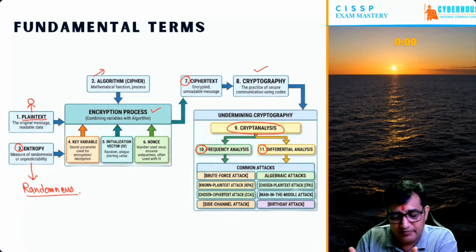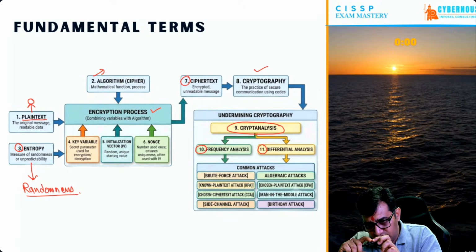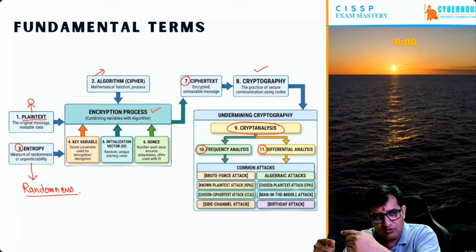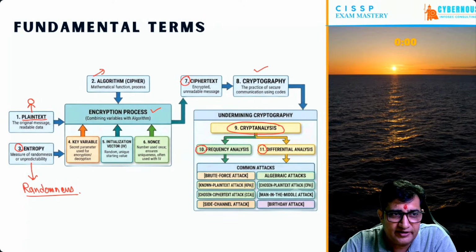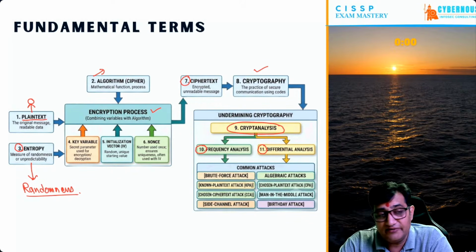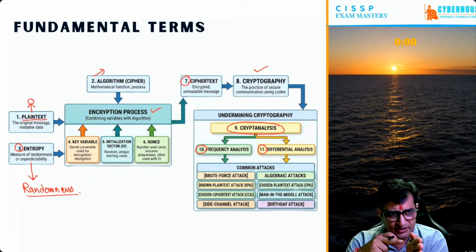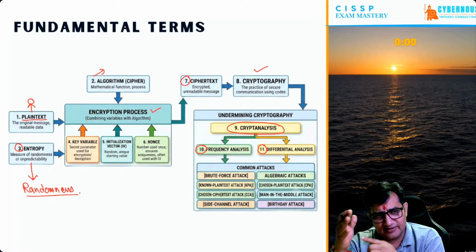Those trends are available on the internet, and based on that, they look at the character repetition in the output, and then they can break the cryptography. That is called frequency analysis. On the other end, there is also something called differential analysis. Differential analysis is an art of differentiating two things. For example, the attacker gets some plain text and some ciphertext.